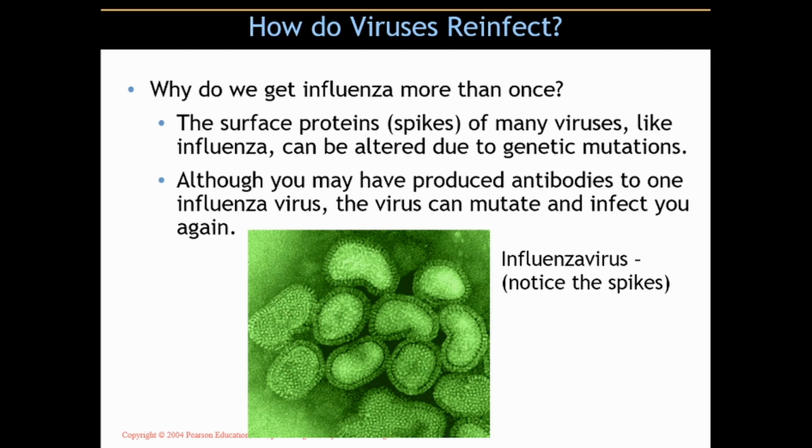There are other reasons as well, but this is one of the primary reasons. It's because these spikes, these carbohydrate protein complexes that are projecting from the surface of the virus, they are mutating. And what that means for your immune system is, got to make a whole new set of antibodies because it's like a brand new infection all over again.